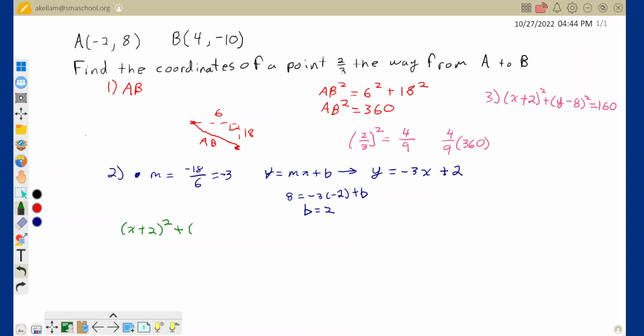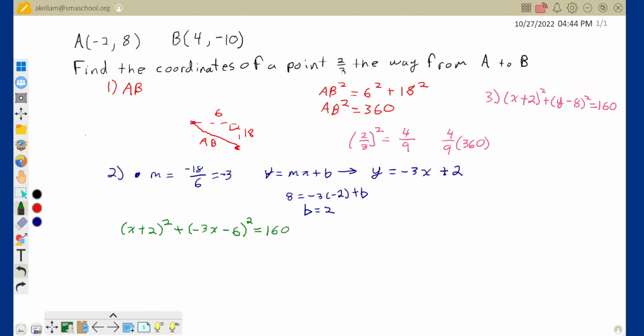So -3x plus 2 minus 8 leaves us with -6. Now, this equals 160.